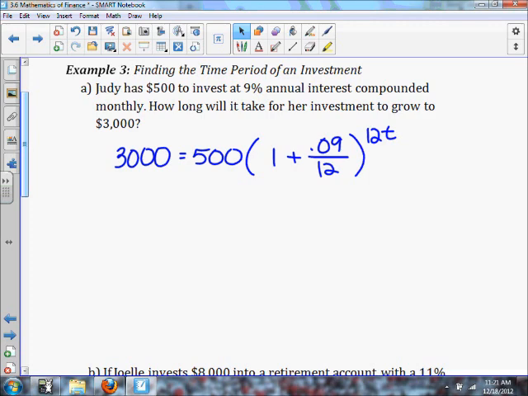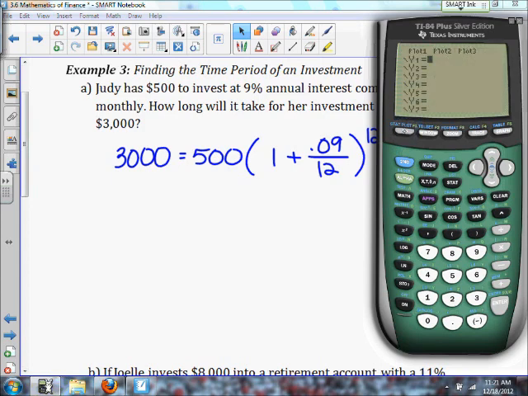Now, what we would do to solve this, we could put it in our grapher. 3,000, then 500 times (1 plus 0.09 divided by 12), take that to the 12t power. Put that equation into your calculator.